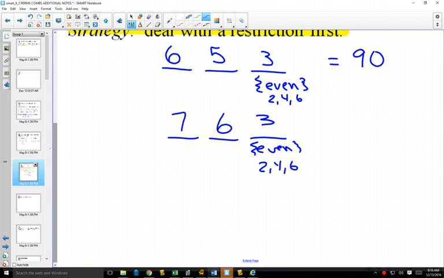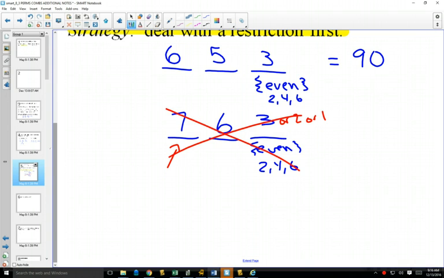But can you see that when I say I choose any number for my first one, any of the 7, I might have used up my 2. So maybe I should put 2 here. But I might not have used up my 2. Oh. So I get into a problem. Because this number could be 3, or it could be 2, or it could be 1 if I happen to use a 2 and a 4 up already. So this is why things don't work out.